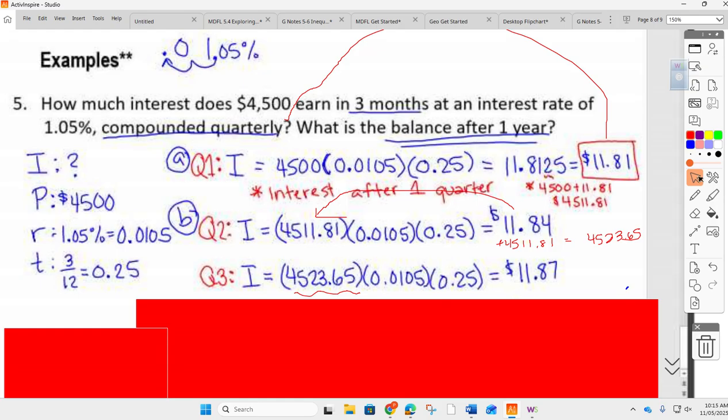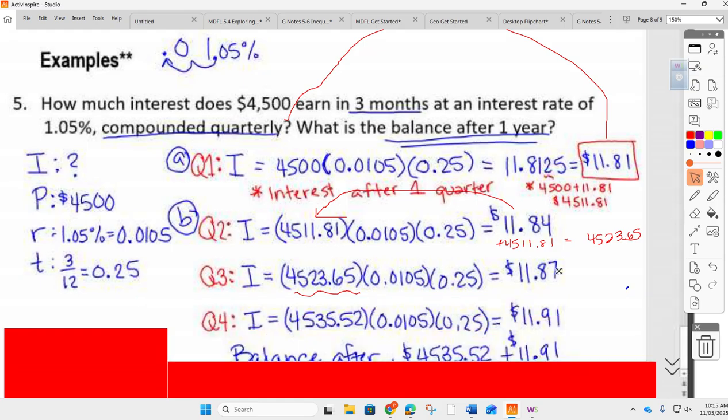So now that we've added 1187 to this amount, I'm giving you way too much detail, but I don't want there to be any confusion. So we've got our new balance here. So now we're going to take this and add it to the 4523.65, which I think we already did on our other screen, and see that it's 4535.52.